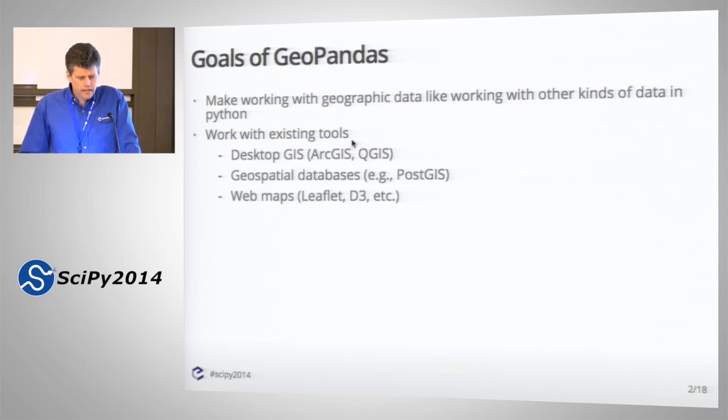And another interesting realm these days is web maps. There's a lot of interesting stuff going on, tools like Leaflet and D3 and Google Maps and Mapbox and all kinds of tools that show us maps in the web browser. And getting into those tools should be easy as well.